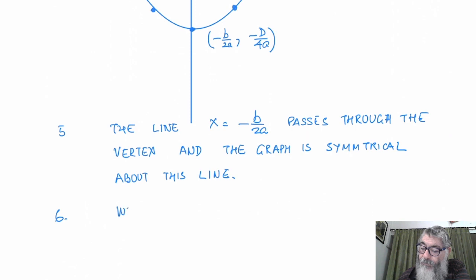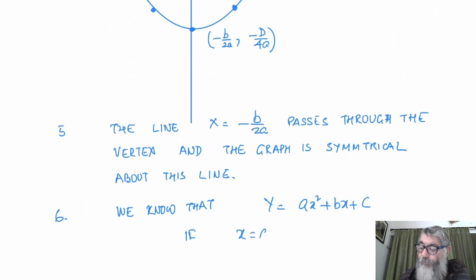Now let us see. We know that y is equal to ax square plus bx plus c. If x is equal to 0, y will become c. X is equal to 0 means what?